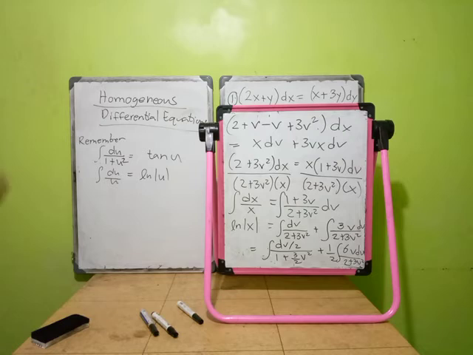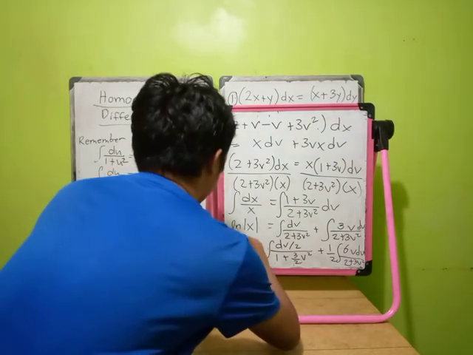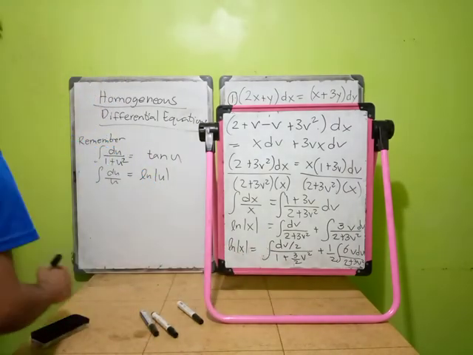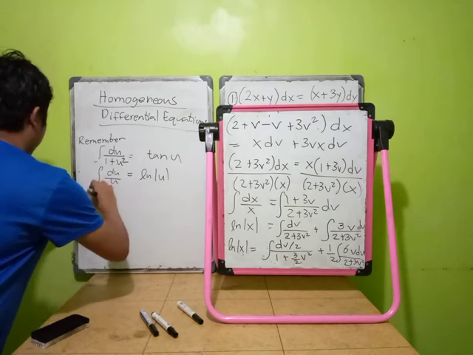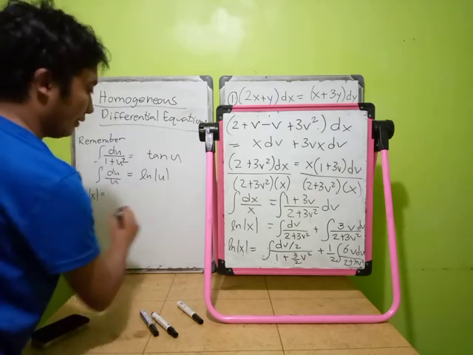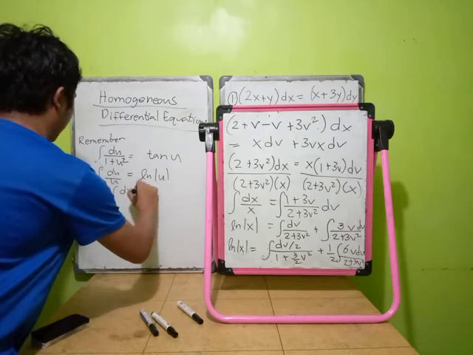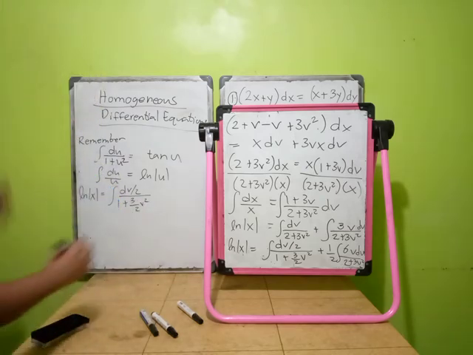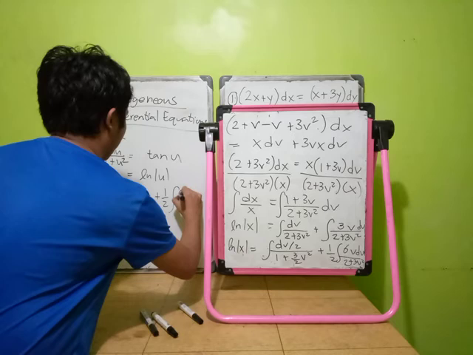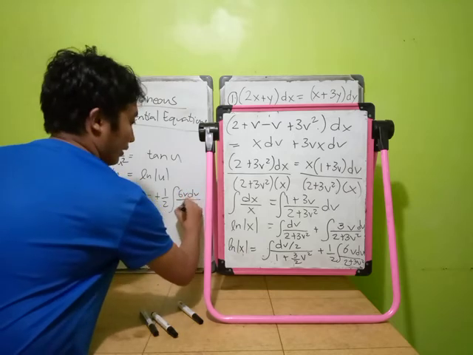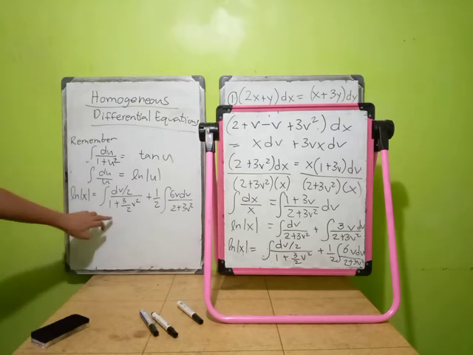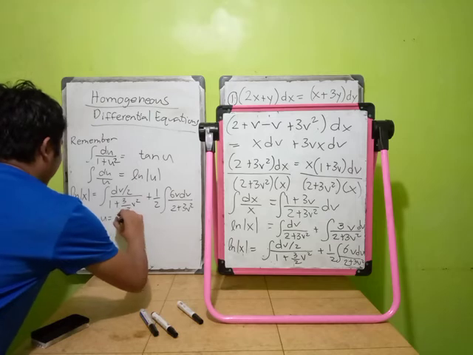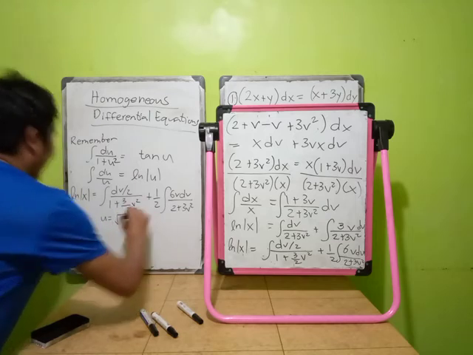So, from that, hindi na natin ma-solve. So, here, we can say that the u here is the square root of 3 over 2 v.